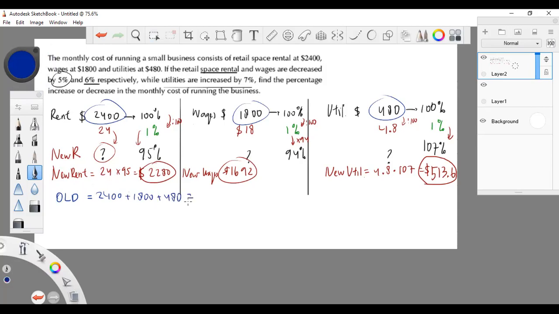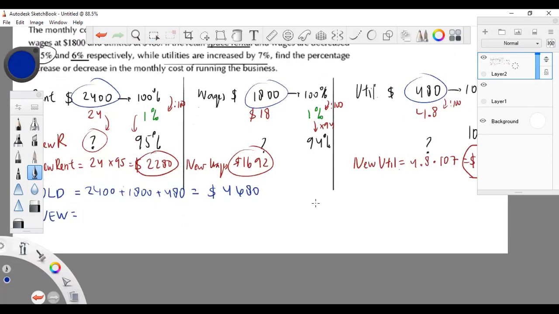What is the answer? I use my calculator. I get 4680. How about the new? Old is always 100%, right?